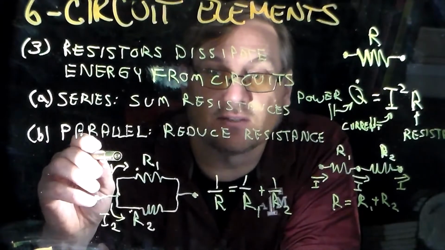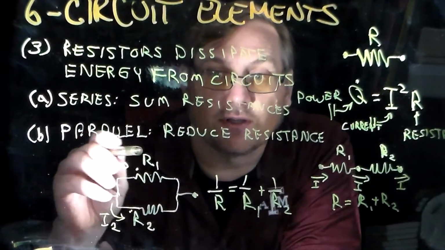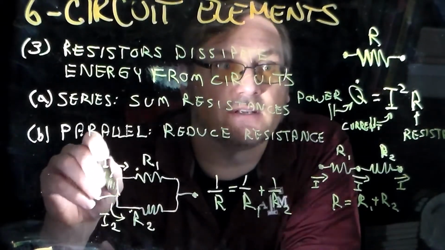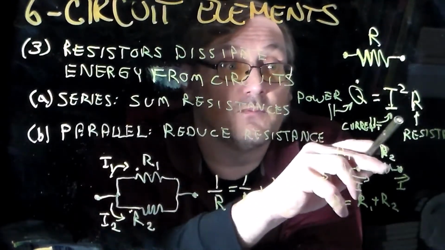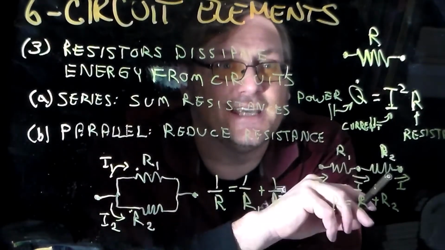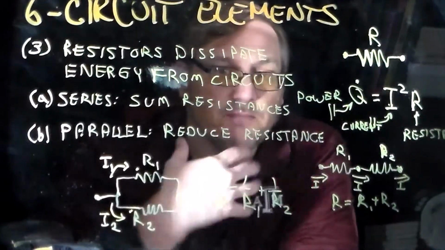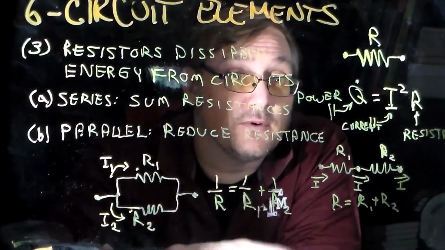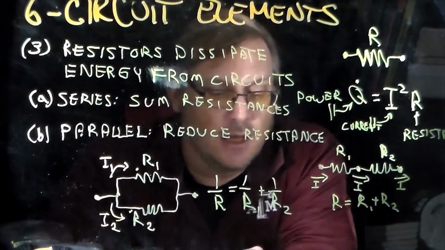So this one has more current if R1 is less than R2, but they have it in such a way that this product is equal. Okay, so that's resistances. That's the basic idea about the equivalent resistances for each one of these three kinds of circuit elements that we're going to use in this class.